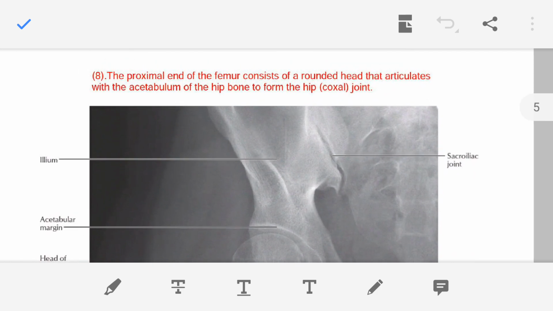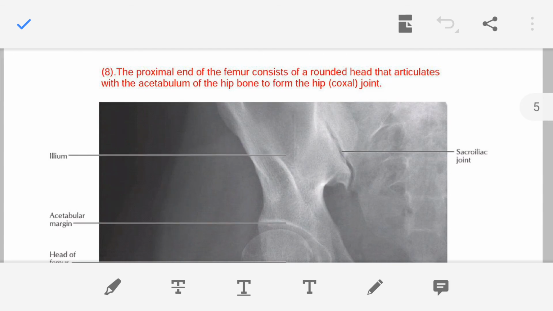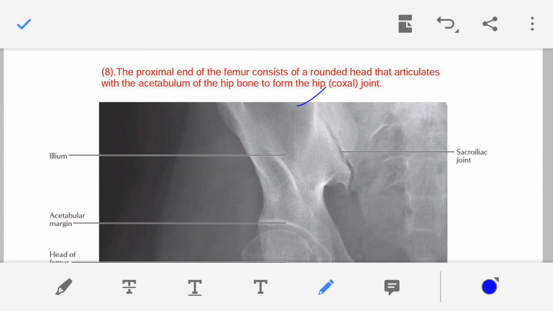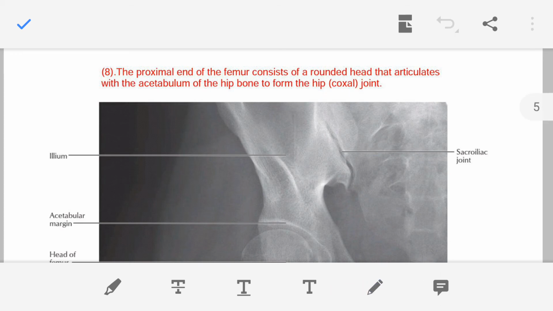Now moving on to the eighth point of our discussion, which is regarding the hip joint, also known as the coxal joint. What is this hip joint?